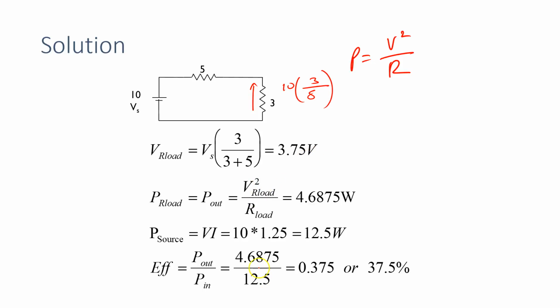And then we have the power in the load, which is V squared on R load, which will be 3.75 squared over 3, which will give us the same 4.6875. And similarly you could do for the 5 ohm, and we will end up with the same efficiency.